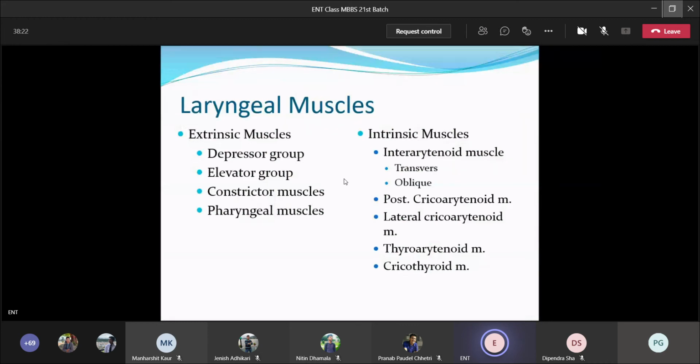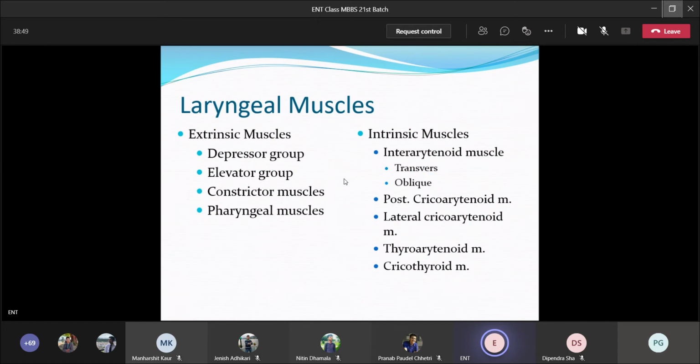So now come to the laryngeal muscles. There is an extrinsic group and intrinsic group. So extrinsic muscles are the depressor group and elevator group. The constrictor muscles and pharyngeal muscles are the extrinsic muscles.